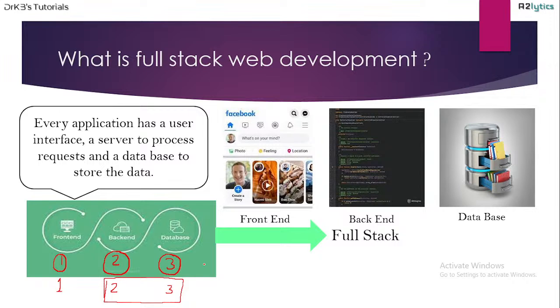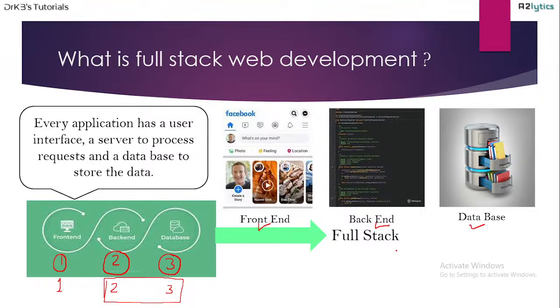Now if you see here, front end is nothing but an interface through which the user interacts with the application, which can be opened in the web browser. Backend is an application which receives the user request, processes it and sends the data to the user, and the database is where data is stored.